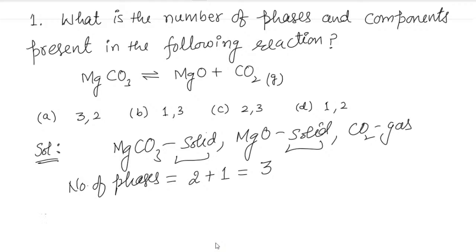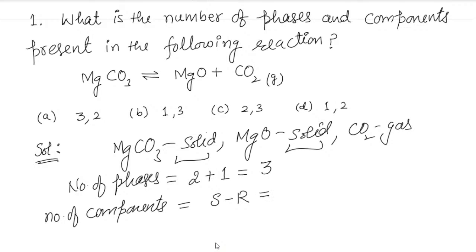Okay. Now number of components. So number of components is equal to the number of constituents. I think I have written that it is number of species minus number of relations. Okay.